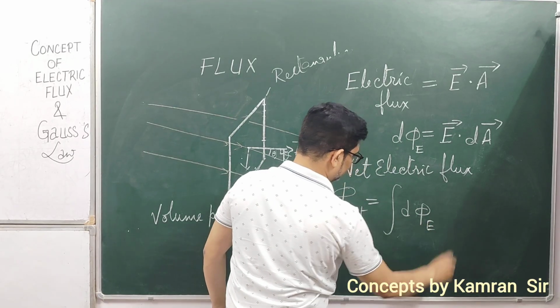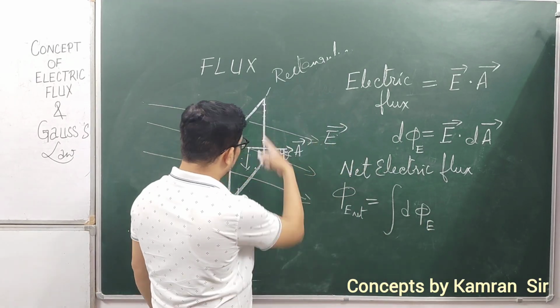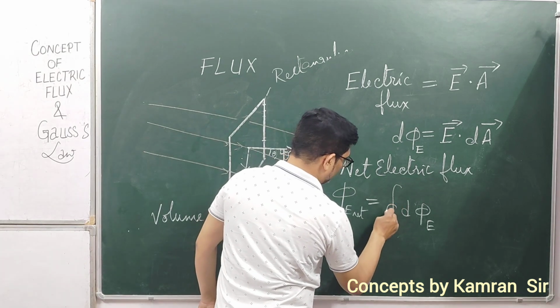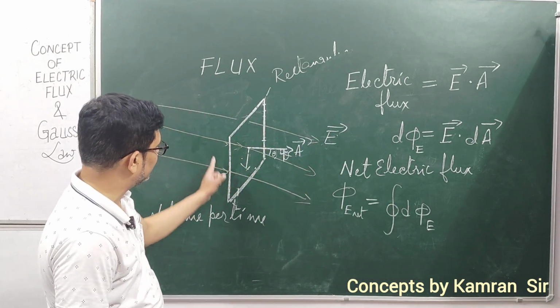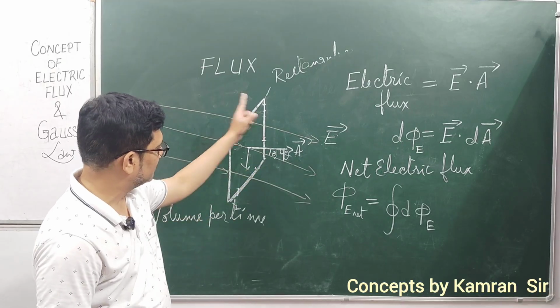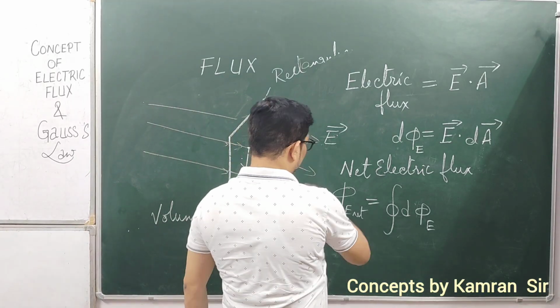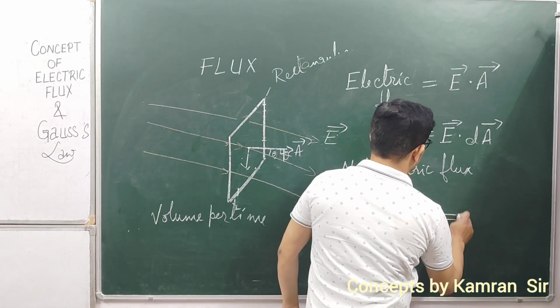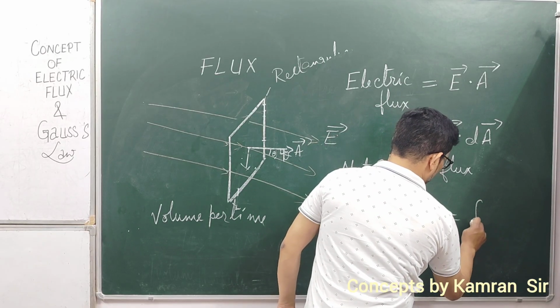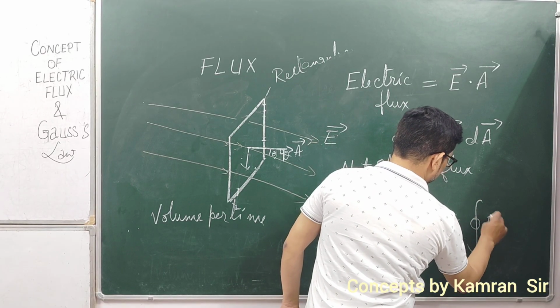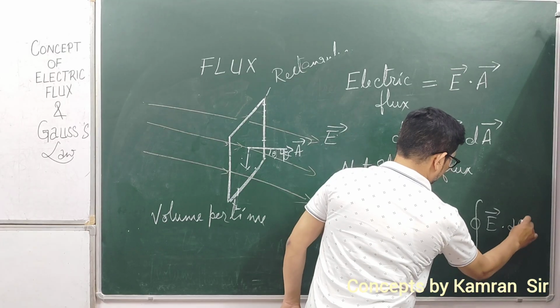We have designated this notation, but over what? Over this closed surface, so we'll encircle it here. This gives an idea that you are integrating over a closed surface, and this comes out to be the integration over a closed surface of E dot dA.